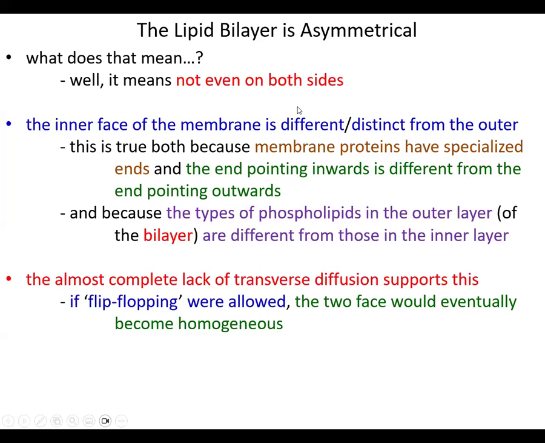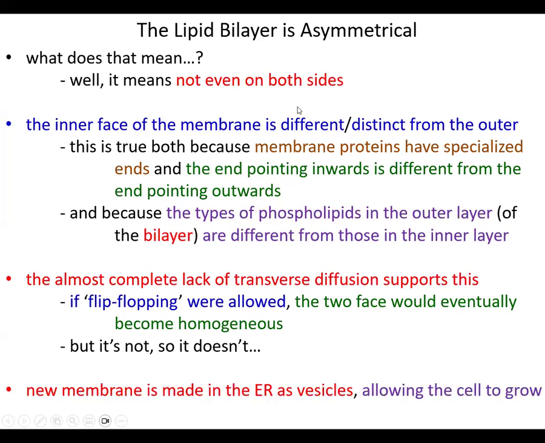If membrane components were allowed to flip-flop from one side of the membrane to the other, over an enormous amount of time we would reach homogeneity. And we don't, because transverse diffusion is so rare and flipases fix it when it does occur. So the membrane is asymmetrical and it remains asymmetrical.